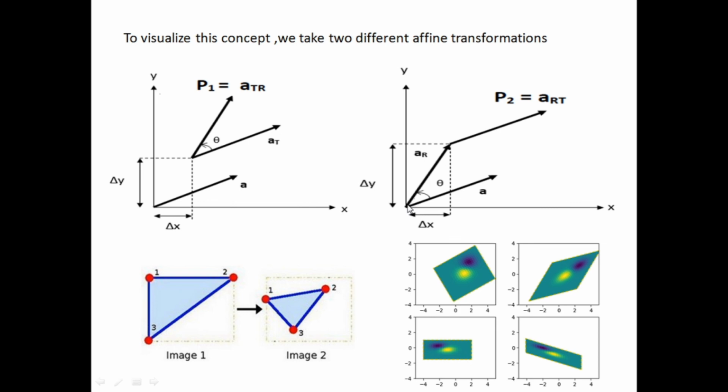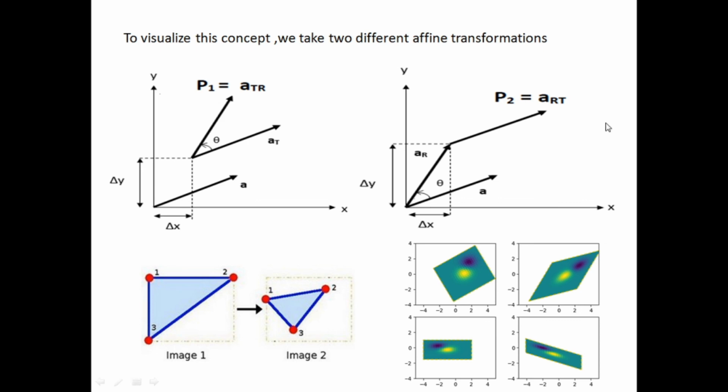That means the coordinates are being shifted to some other new coordinate. This point is shifted to here and this point is shifted to here. So if we observe, this P1 and P2 are both the same. The appearance is only different here.